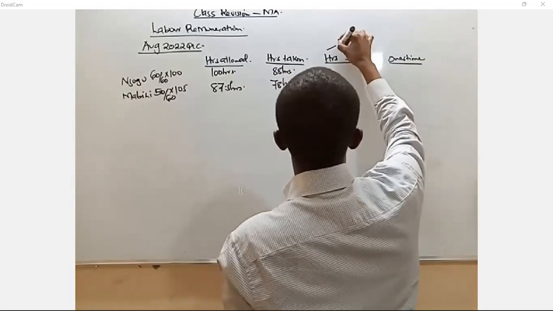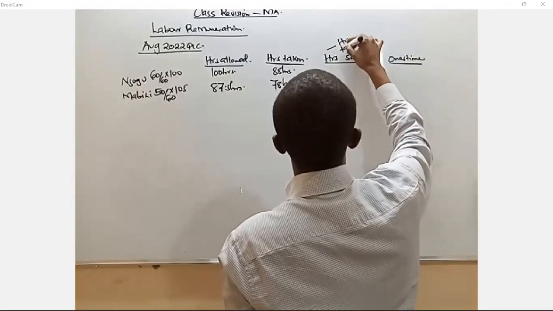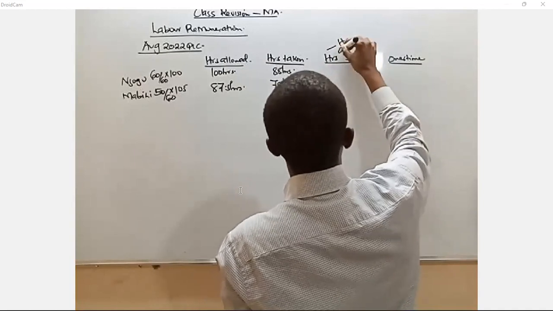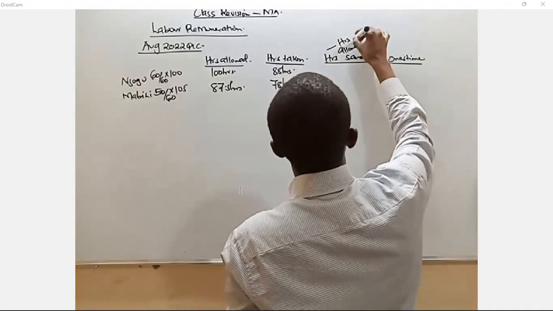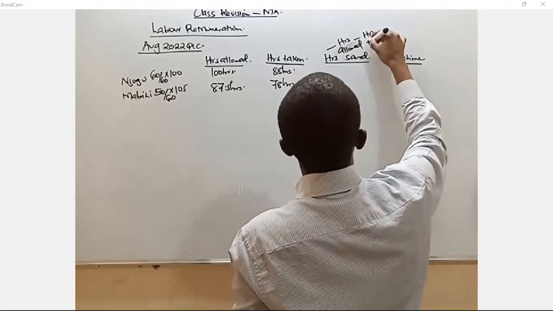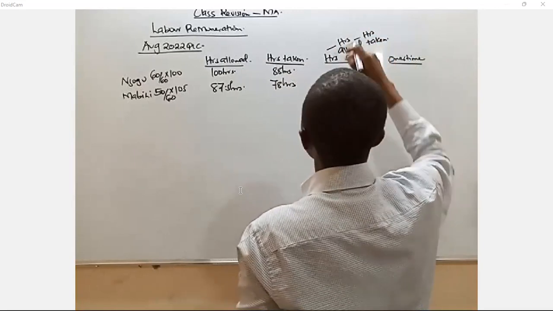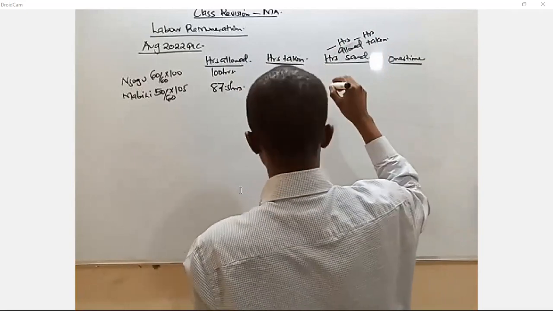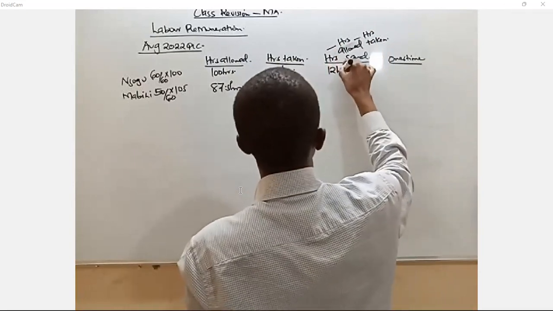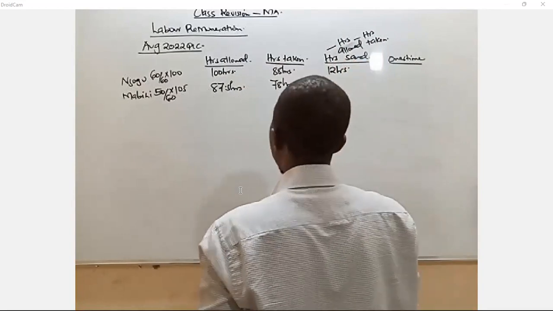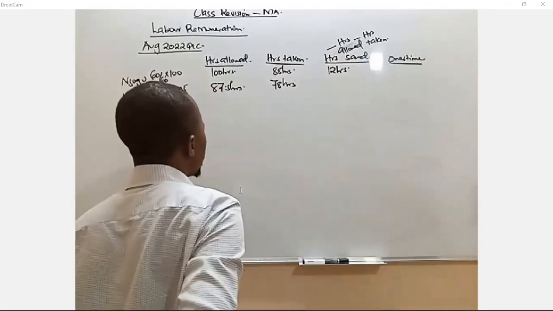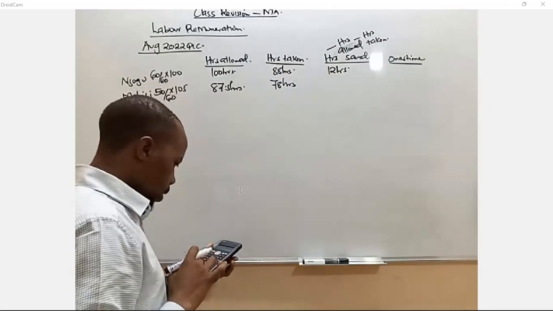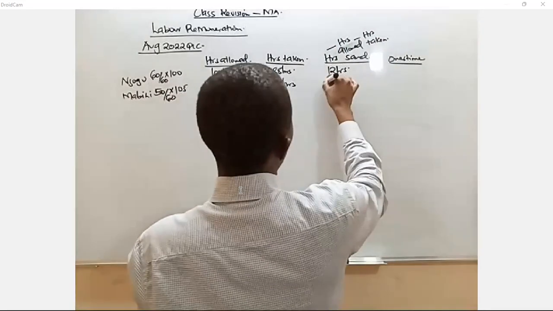It is the difference between the hours allowed minus hours taken. So 100 minus 88, we get around 12 hours. Then the other one we have 87.5 minus 78. We are getting something closer to 9.5 hours.